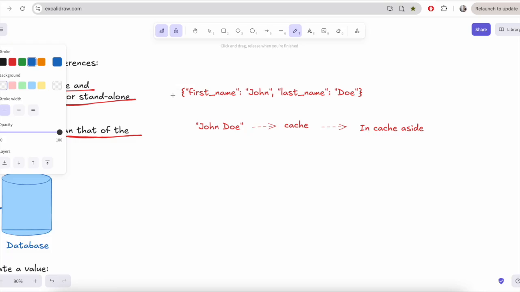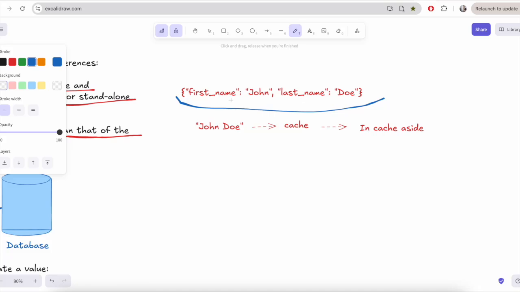If I'm retrieving user data or a user profile, in my database the first name is John, last name is Doe. So my application retrieves the data, John Doe, in a first name and last name format, and it is returned to the client.